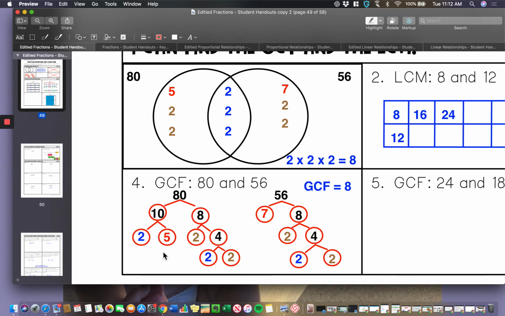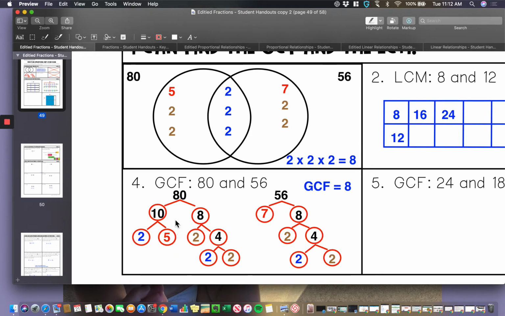All right, there are two kinds of numbers. There are prime, and then there are composite numbers that we have reviewed. And prime numbers are numbers which only have factors of 1 and itself. So, for example, 5 is a prime number because the only numbers that can be multiplied together to equal 5 are 1 and 5.